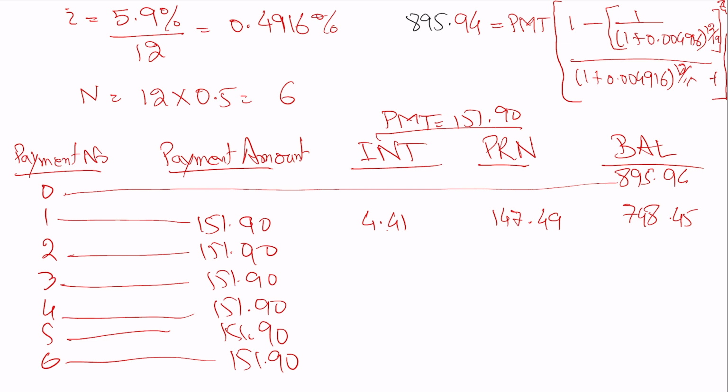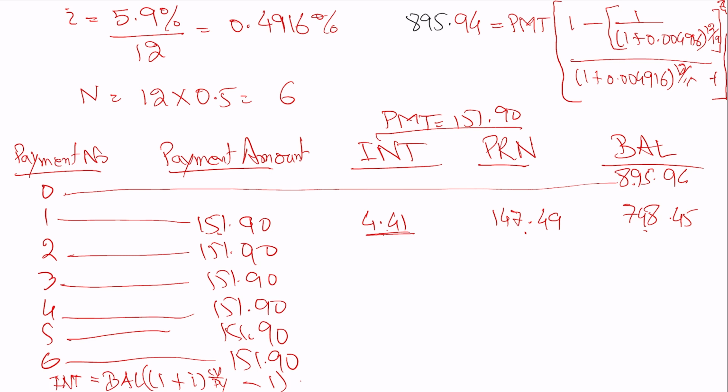So remember what we did: we calculate the interest payment through the formula, which is INT equals balance into 1 plus I into CY over PY minus 1, altogether. So we get this one, and we subtract it from the payment to get this PRN, and we subtract the PRN from the balance to get this balance.